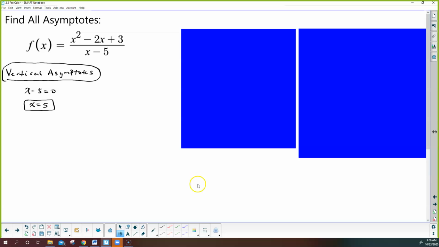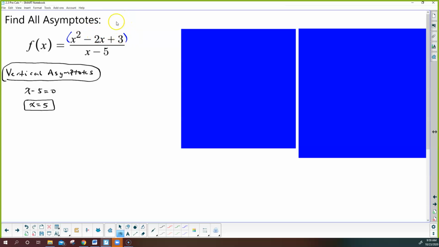Okay. However, in the notes that you guys took, we gave a little word of warning about we have to be conscious of what's happening in the numerator first, or as well. And I want to think of, can this be factored? So I'm thinking, are there factors of positive 3 that add up to negative 2? If so, we're going to try to factor the top and the bottom.